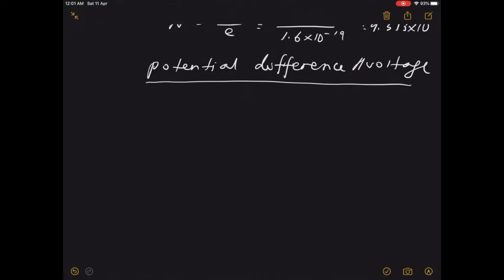And we define potential difference as the work done divided by the charge. So, the SI unit can be either written as volt or, based on the definition, work done is in joule, charge is in coulomb, so J C minus 1.